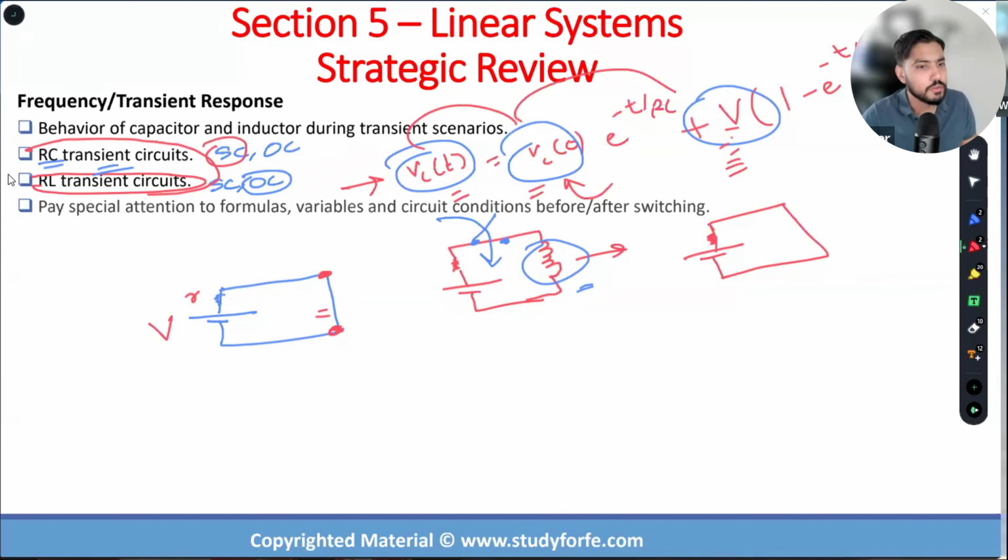So this is where you have to pay special attention to the formulas, to the variables, and the circuit conditions before and after. I strongly recommend students to actually do a before and after when they're solving for transient response. And the interesting thing, guys, is that when it comes to the PE Power exam, out of all the topics in DC circuit analysis that we have studied so far, KCL, KVL, superposition, Norton, Thevenin, they have actually included RC and RL transient response under DC analysis.